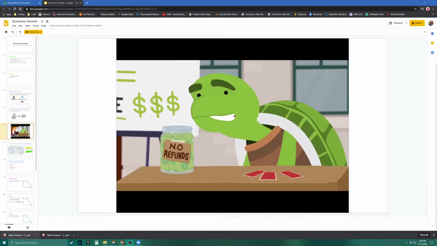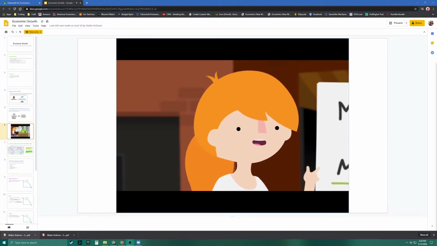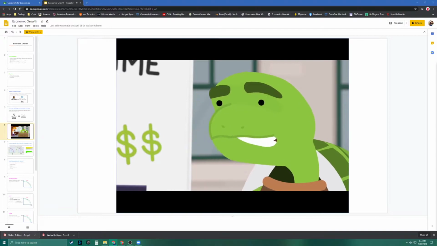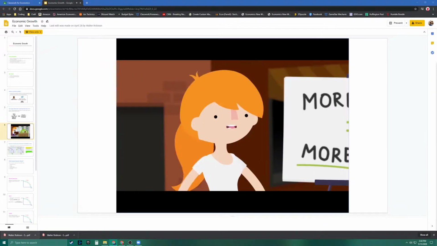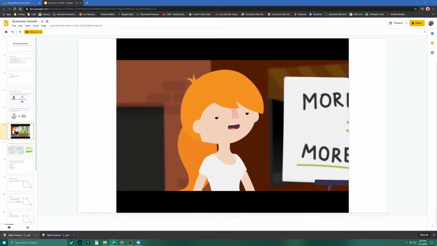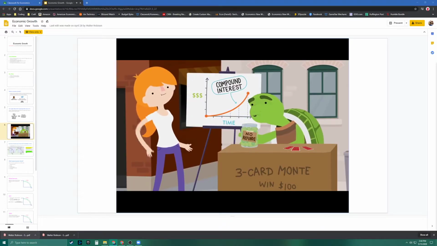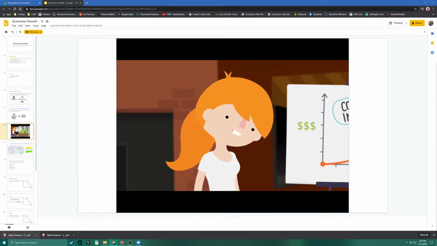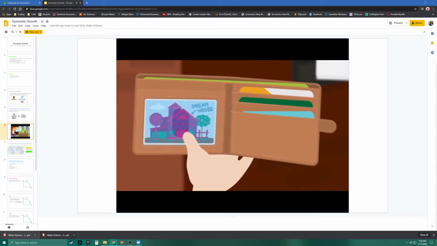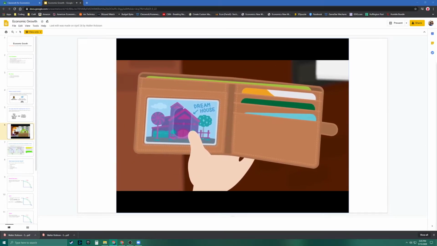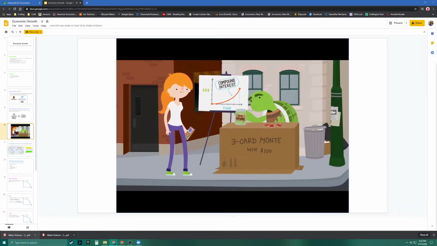Hey, Turtle. Hey, no refunds, kid. Them's the breaks. Don't worry, I get it. You may be a streetwise con man, I prefer Con Turtle. but when it comes to compound interest, you do know your stuff. Go on. The more time you give your compounding investments, the more money your money makes for you. Interest earning interest on interest, as I always say. What I want to know now is how my investment will sync up with my savings goal. Uh-huh. I need to figure out how long it will take to double my money if my interest rate is 3%. Whoa, hold your horses, Purple Pants. This is big league stuff.